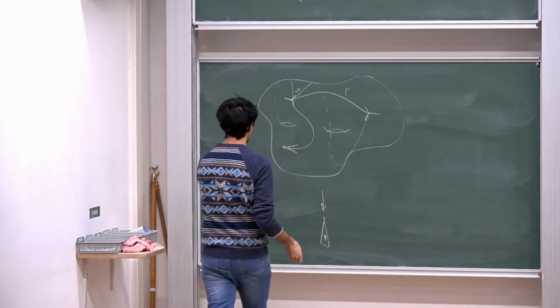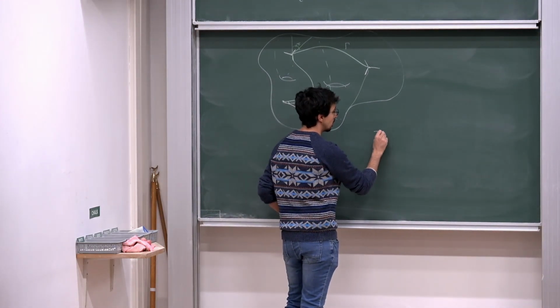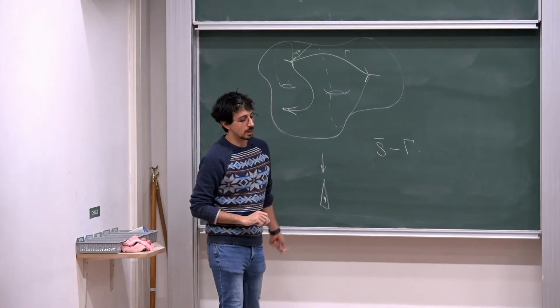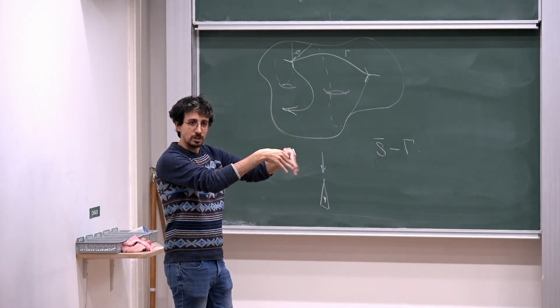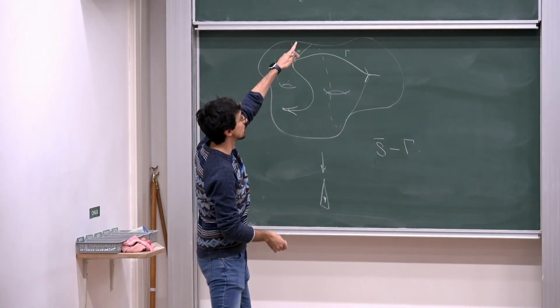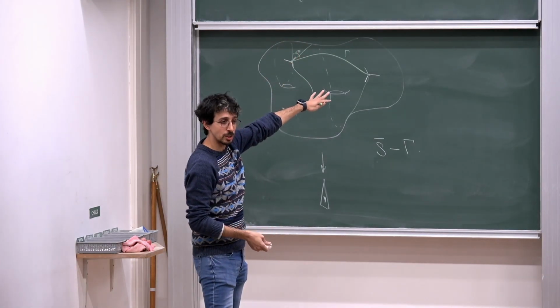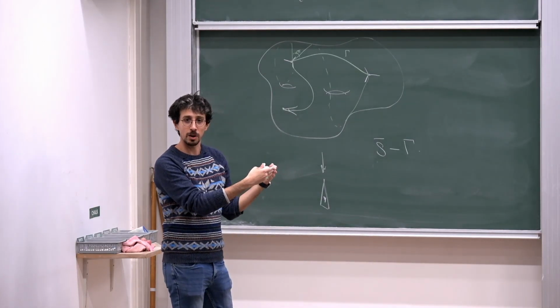Now if I look at S bar minus gamma, what I get is really a surface, because I cut out all the cone points. They're included in gamma, so I threw them away. I don't see any branch points because I cut them as well, and the angle between any two edges is less than or equal to pi.